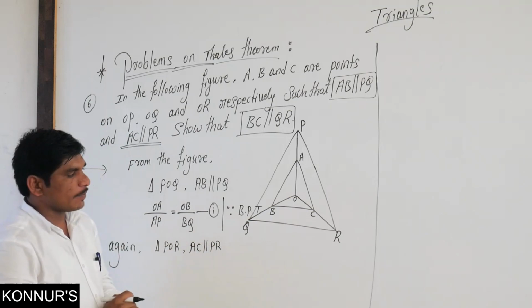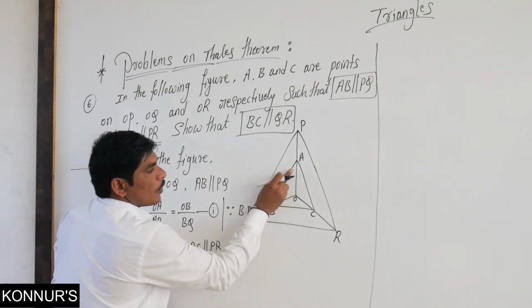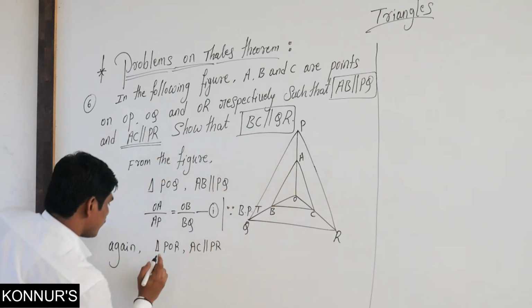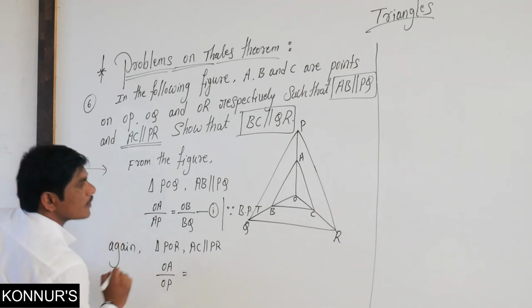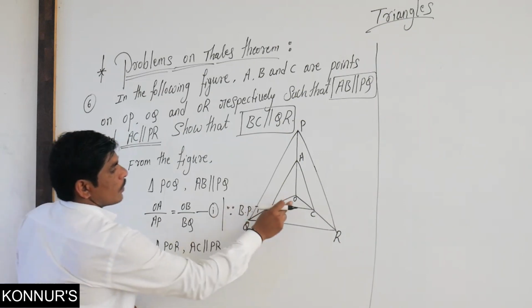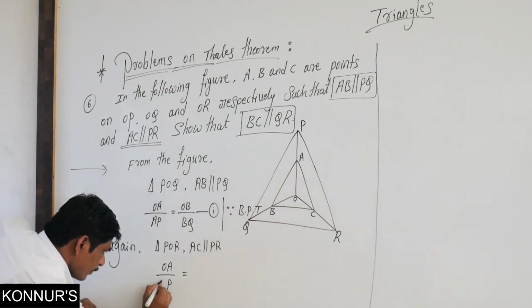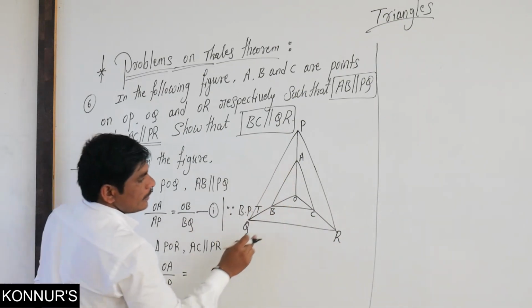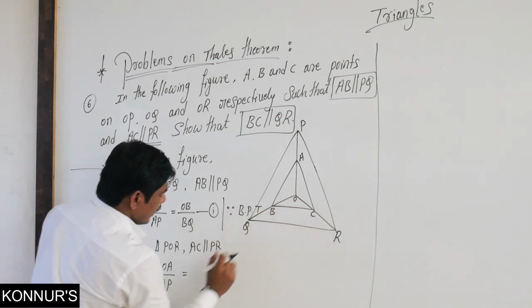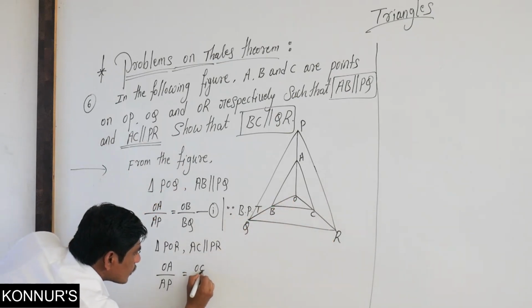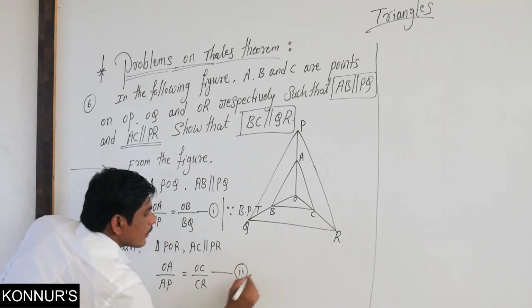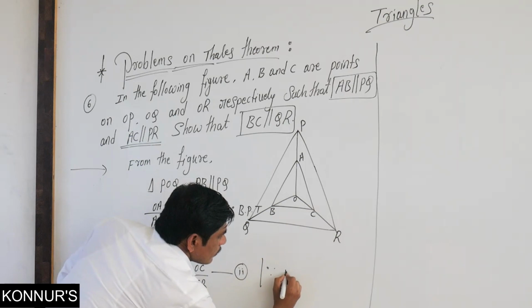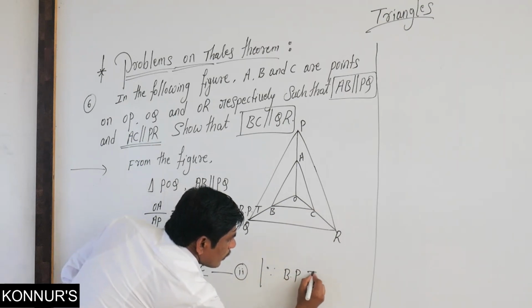Again, by using the basic proportionality theorem, OA divided by OP is equal to OA divided by AB and OC divided by CR. This is the second equation, because of the BPT theorem or Thales theorem.